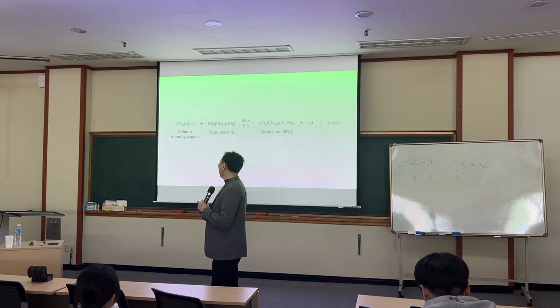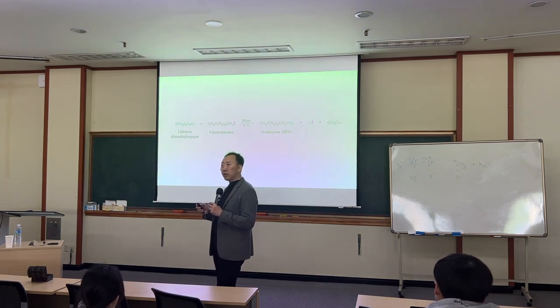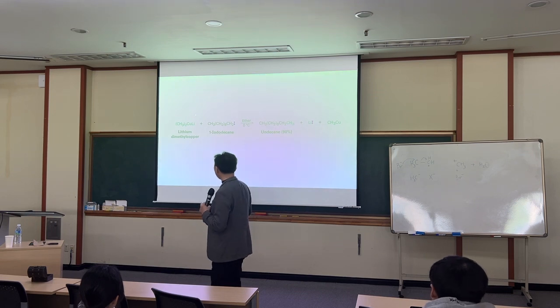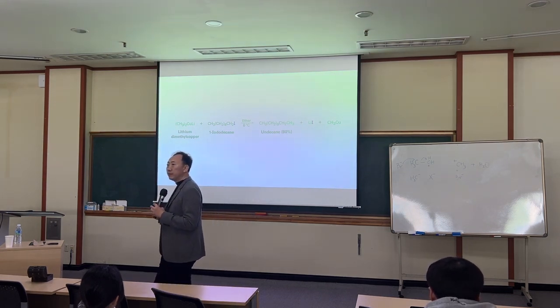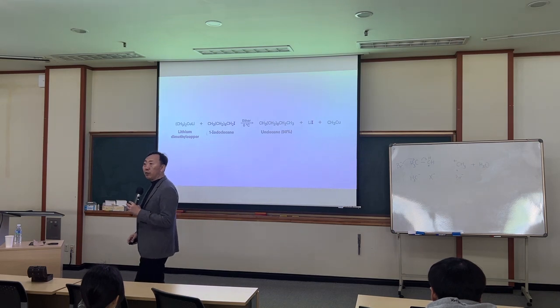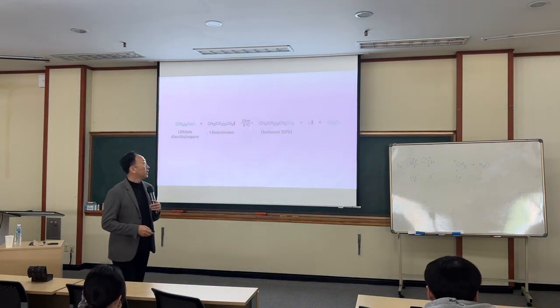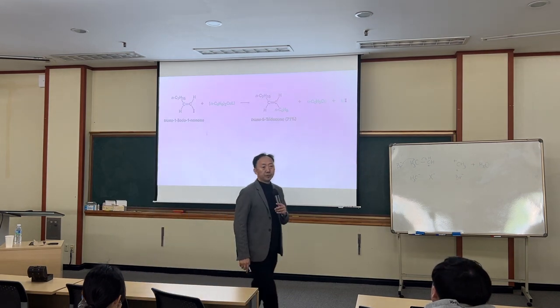Now we have nucleophile. Now we learned how to make a nucleophile by reduction, and adjust the property a little by adding a heavy atom, transition metal, and then utilize this nucleophile and react with electrophile, and we make a carbon-carbon bond. This reaction can happen.